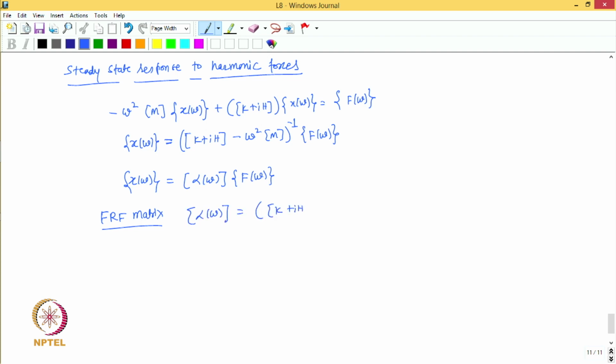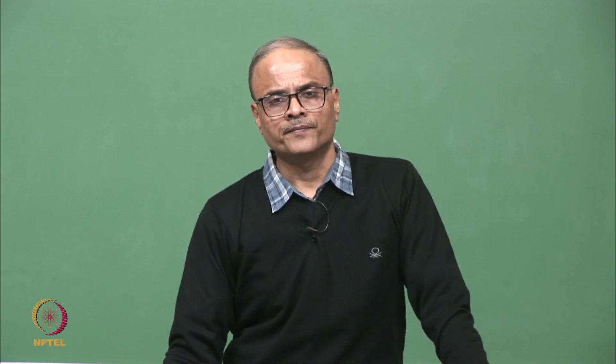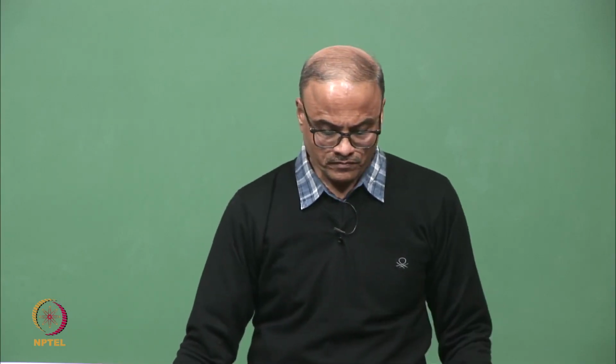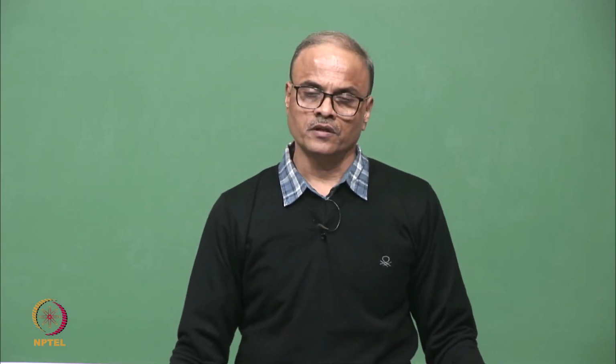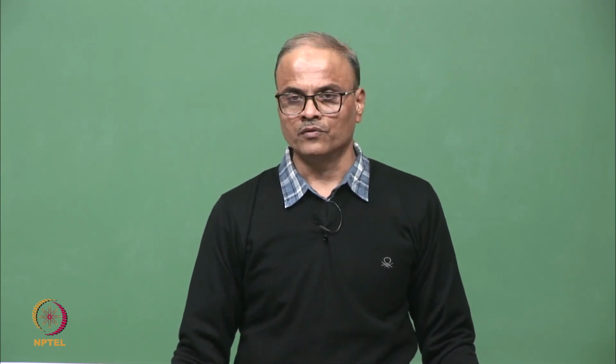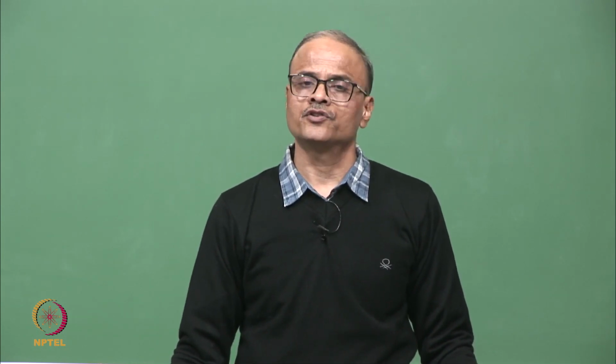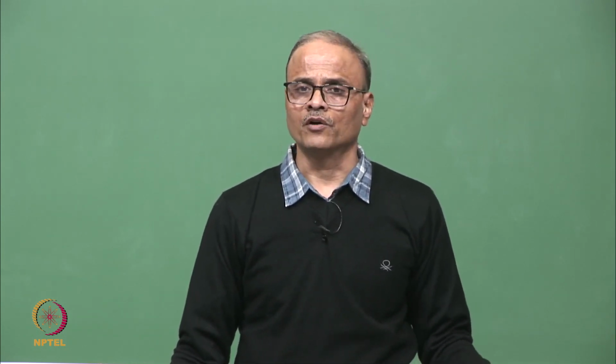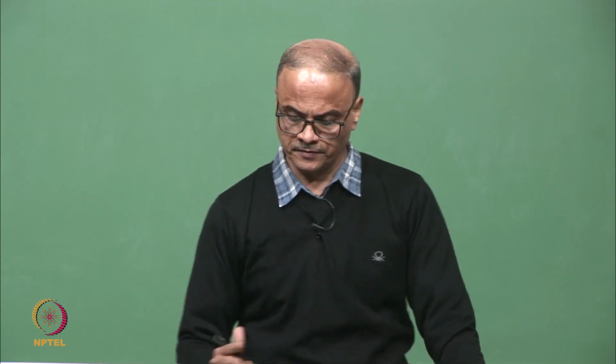In this case the dynamic stiffness matrix is k plus i h minus omega square m, inverse. We also said earlier the reason this coefficient matrix represents the FRF matrix: it relates the steady state response of the system to harmonic forces, so it quantifies the relationship between the harmonic input and the harmonic output, and hence it represents the frequency response function matrix.